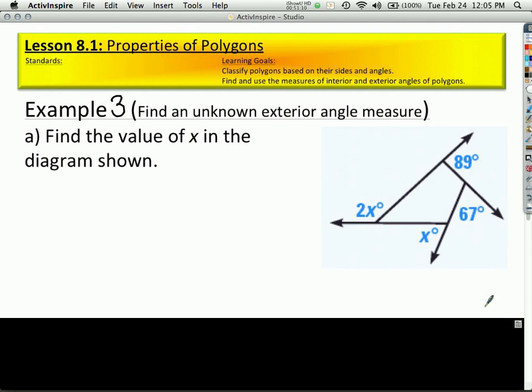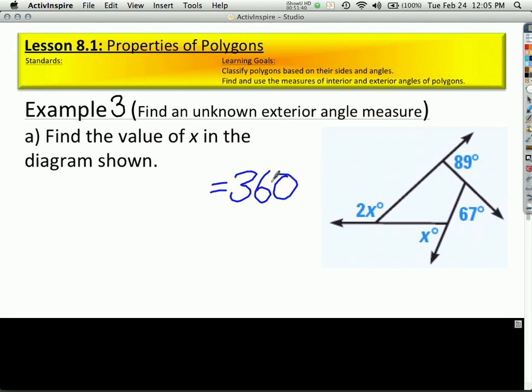So in the previous 2 examples, and Dalton, I love how he said that he just did the expression mentally, you had to figure out what the interior angle sum was going to be. But now we're talking about exterior angles. What's the sum going to be for the exterior angles? Back to Dalton. It's always going to be 360. So if you're dealing with exterior angles and you're asked to find a missing piece of information or what the sum will be, it's always going to be 360.